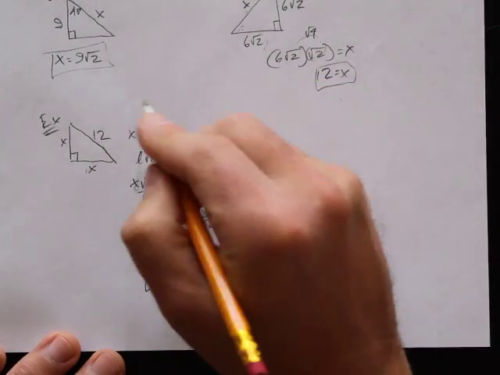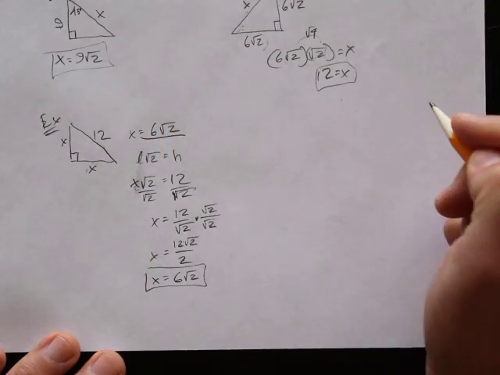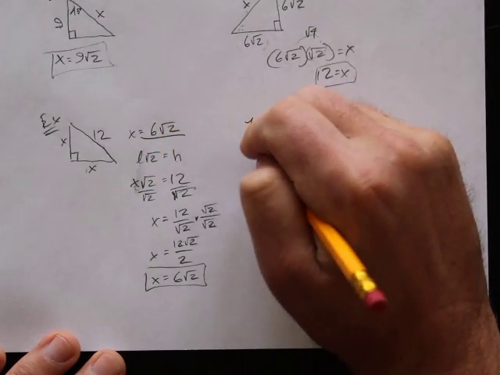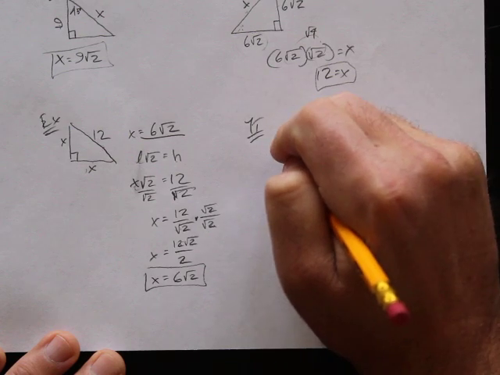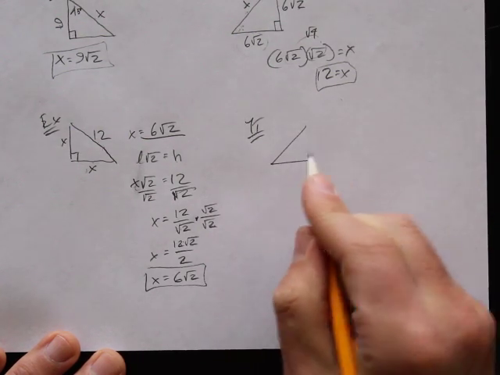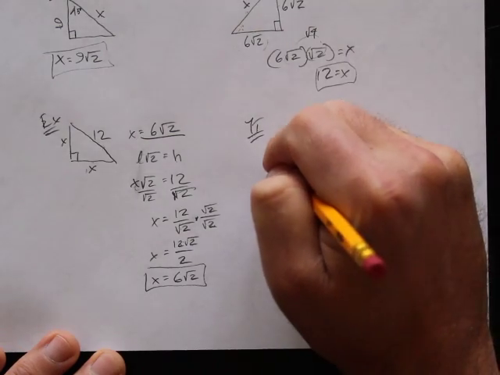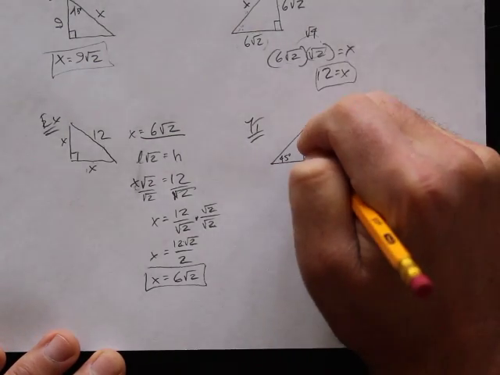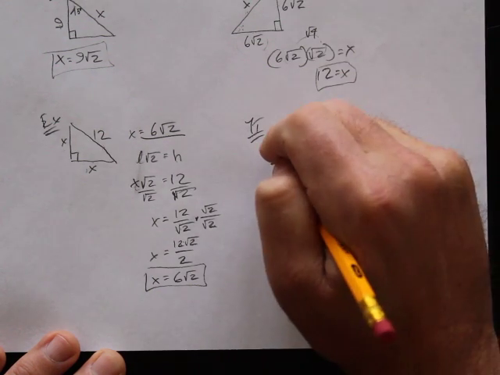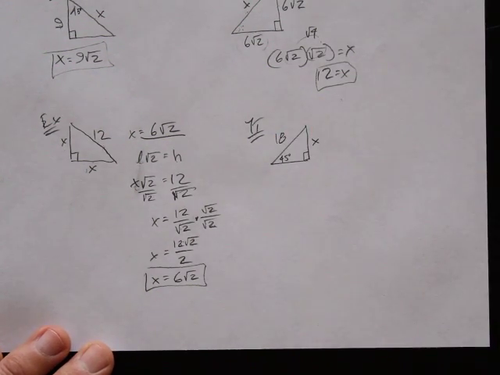Okay, so let's write this up here: 6 square root of 2. Okay, next one, your turn. I have a right triangle, surprise, surprise. This angle is 45 degrees, this side is x, and this hypotenuse is 18.